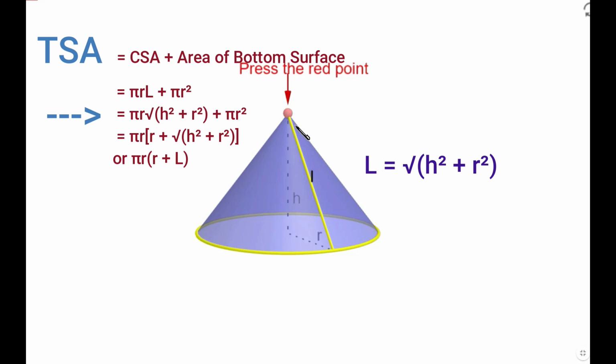So, if we take pi r common, we have pi r into r plus root over h square plus r square, and if we write it with respect to L, then we can also say it as pi r into r plus L, that is the total surface area of the cone. Okay.